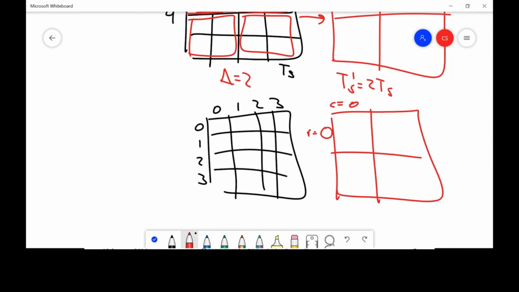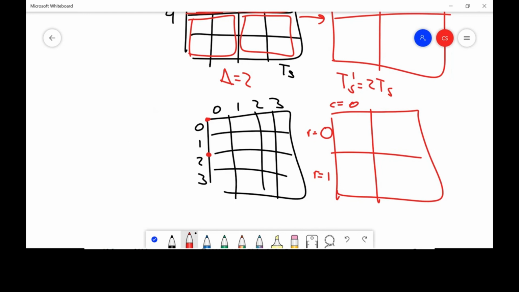Pixel 0 is coming from this corner. Pixel 1 is coming from this corner. So if I'm going 0, 1, 2, 3, 4, I have to go in the original like 0, 2, 4, 6, 8. So I have to go in steps of 2.